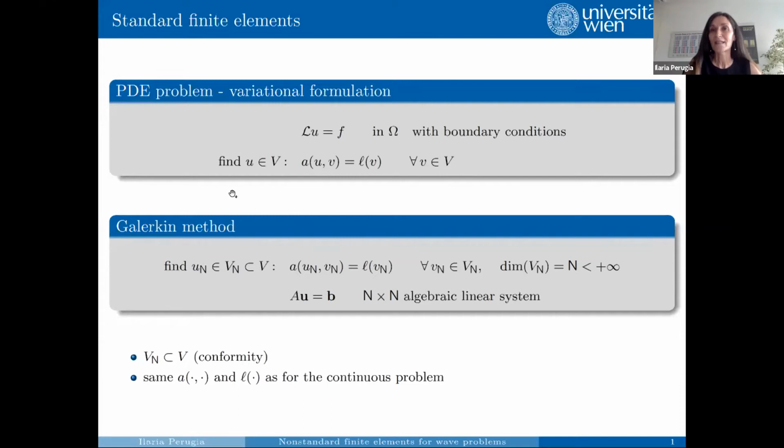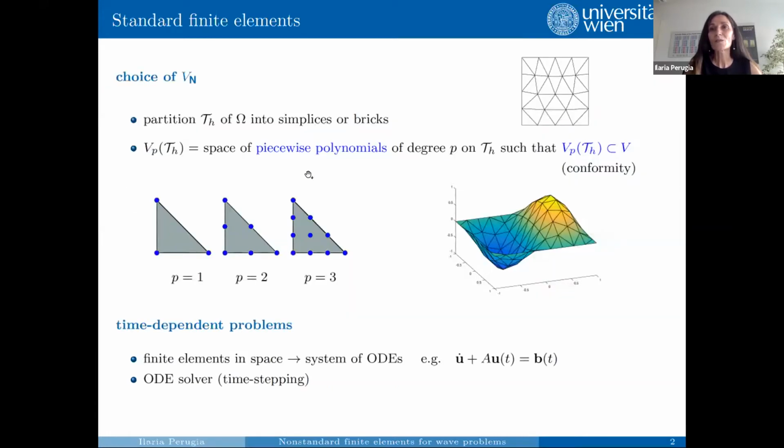So that will be the standard Galerkin method, and the standard finite element method consists in using piecewise polynomial functions defined on a mesh of the domain, a mesh which usually is made by simplices or by bricks. And since we want to have conformity, usually the space V is a space of H1 functions. So we want these piecewise polynomial functions to be continuous across the boundary of the elements of my partition.